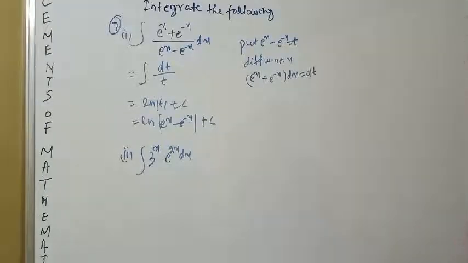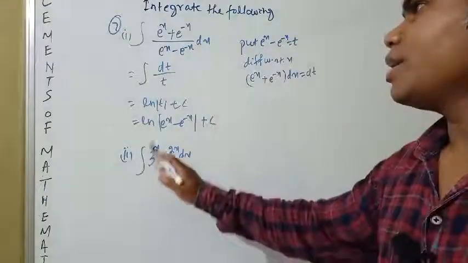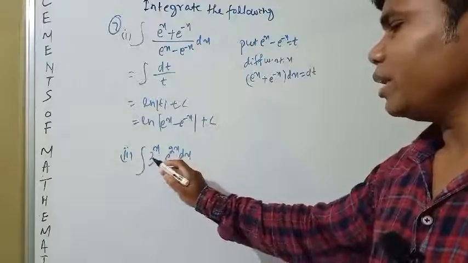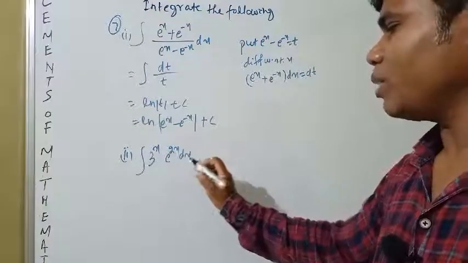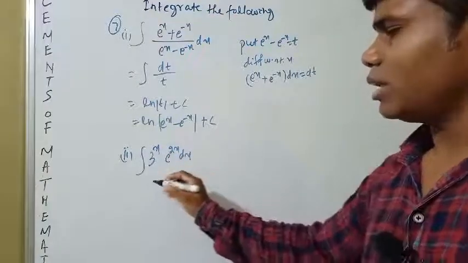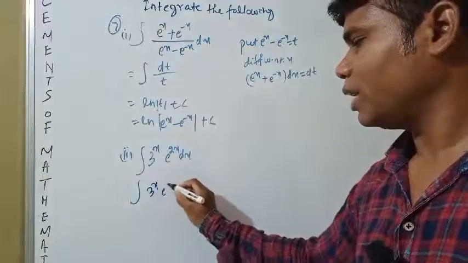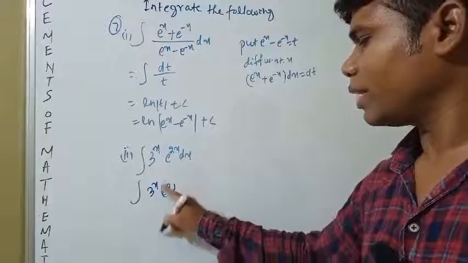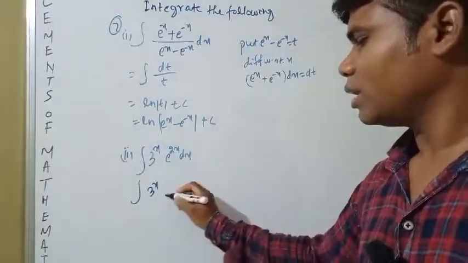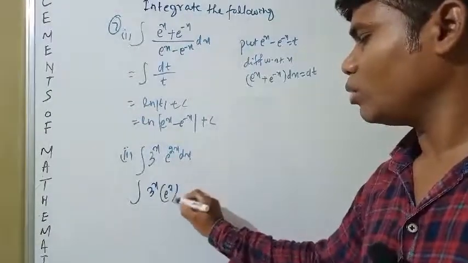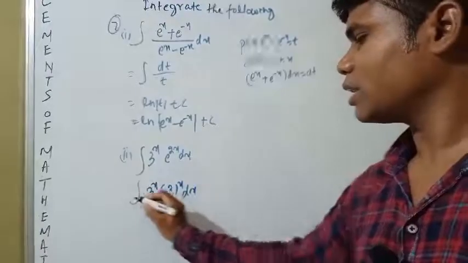Now the next part, question 7 part 2: 3^x e^2^x. I can write 3^x e^(2^x) dx, which is 3e^2 to the power x dx.